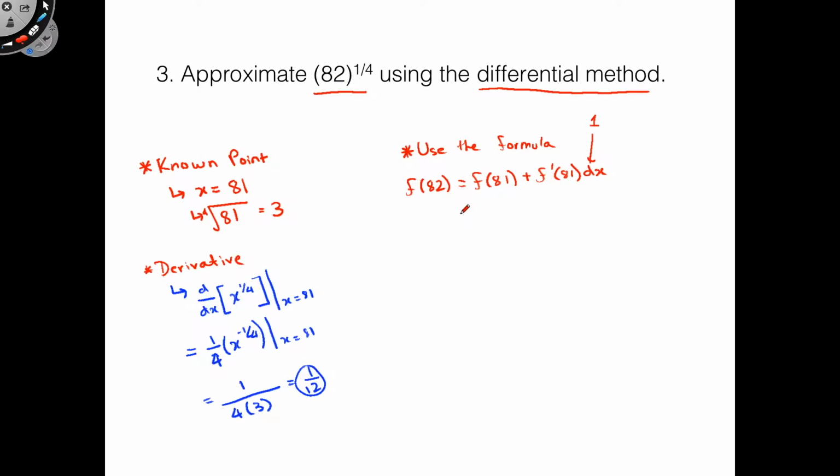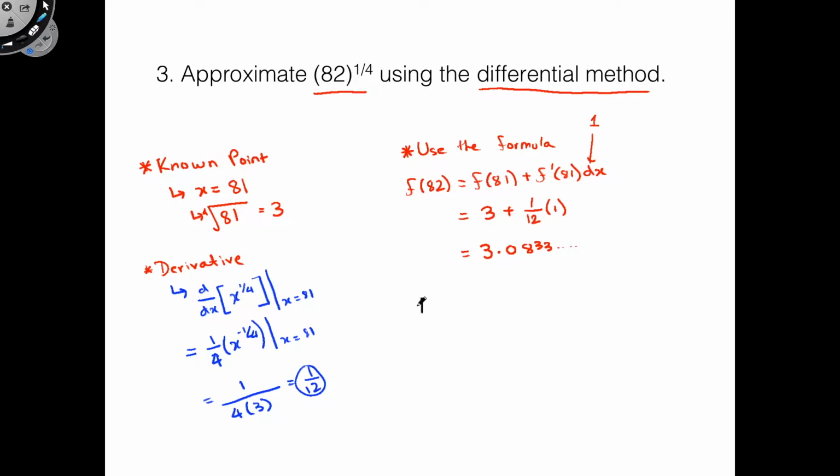Okay, so this is going to end up being 3 plus f prime of 81, which is 1/12, times 1, which is going to be 3 plus 1/12, which approximately evaluates out to 3.0833 with recurring decimals.